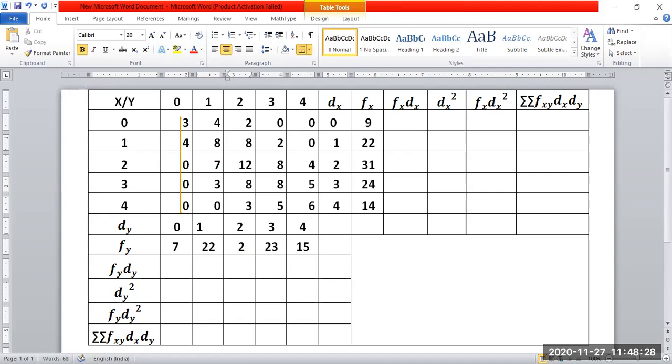This one is 33. I think now it's the correct answer. Now 7 plus 22 plus 33 plus 23 plus 50, yes, 100. Now you are able to get the fx total and fy total. Definitely we got N equal to 100.